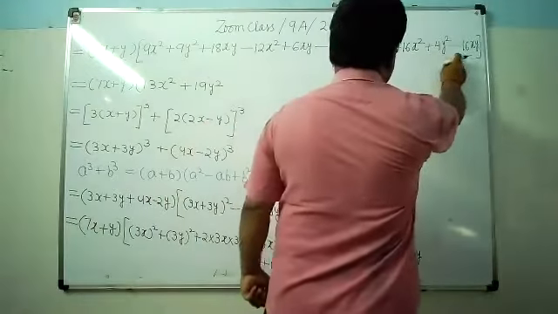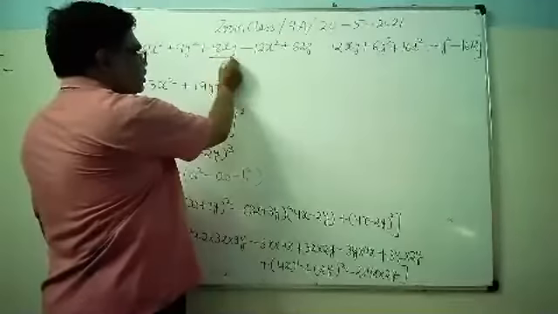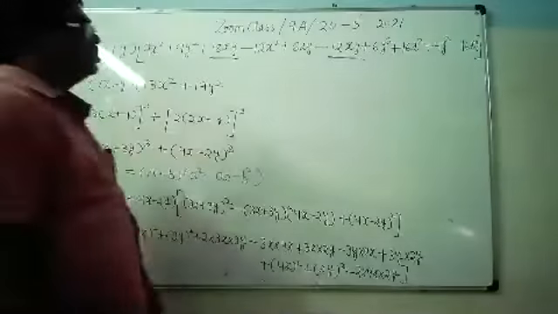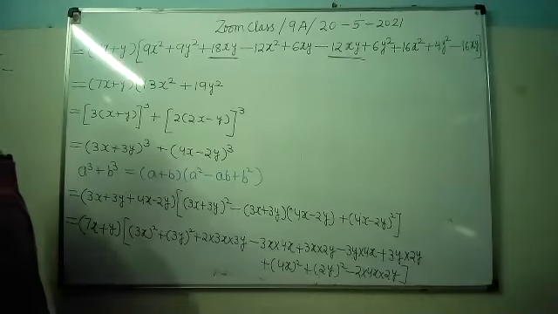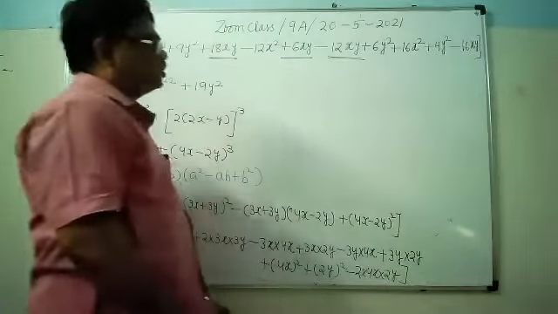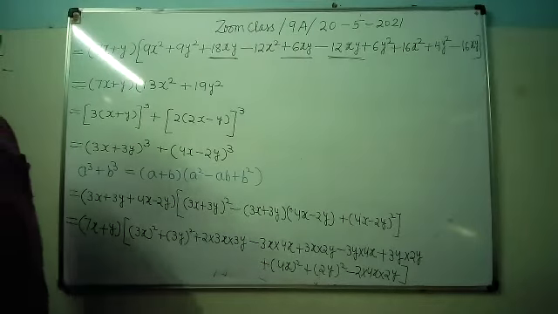Now you see the terms of xy. Here 18xy and this is minus 12xy. It is equal to how much? 6xy. Plus 6xy equals to how much? 12xy.